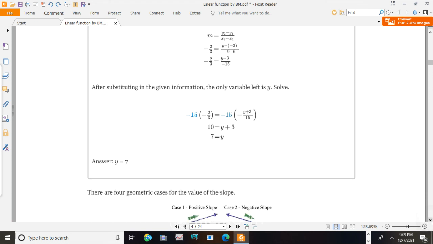So solve this: multiply both sides by -15. This gives 3 by 3, -5 times 2 minus positive, so 10. The 15 cancels by 15, minus 3 here. So y is equal to 7.